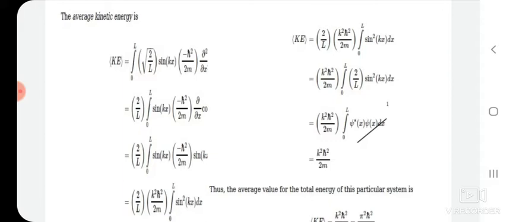Therefore, psi into psi star is square root of 2 by L sin kx. If we multiply that and take the constants outside the integral, it gives 2 by L, k square h cross square by 2m, into integration of 0 to L sin square kx dx.